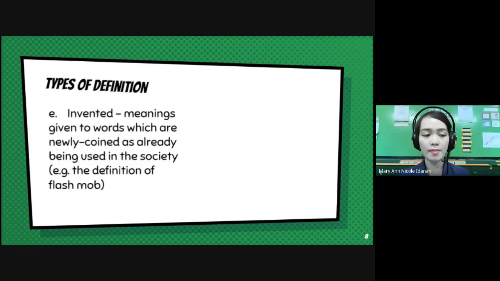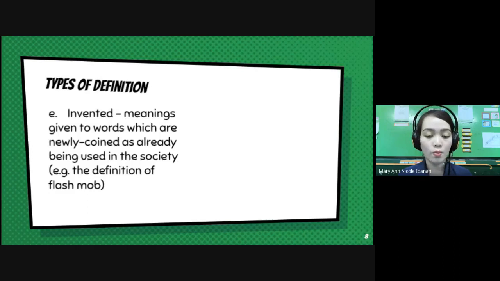Another example is the new word that we are using, the memes. It is what we can observe as we browse the internet. Okay, and that word meme can also be defined if you are going to write an academic paper about that.